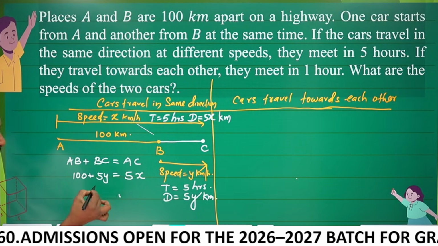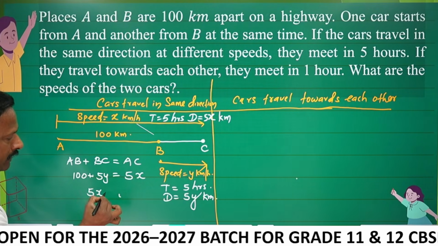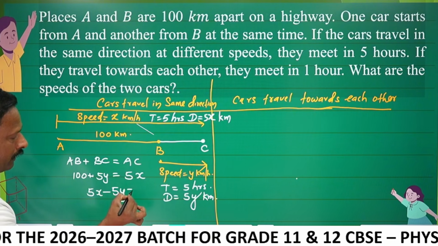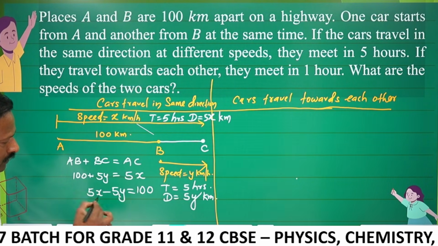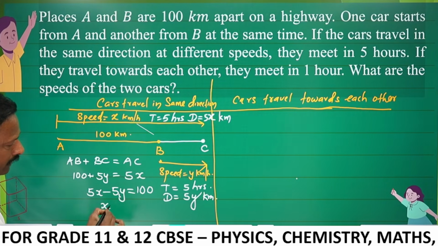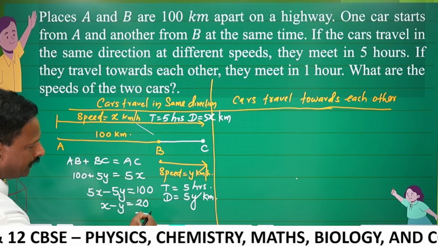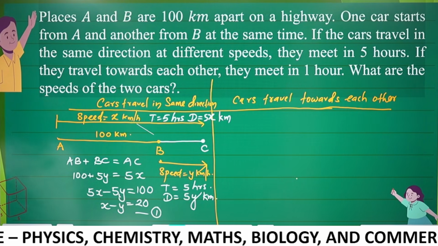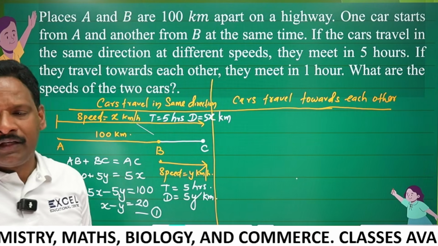If you arrange this, 5x minus 5y equals 100. Here you can see 5 is common, so if you divide throughout by 5, you will get x minus y equal to 20. That is equation number 1. So this is the case where cars travel in the same direction.